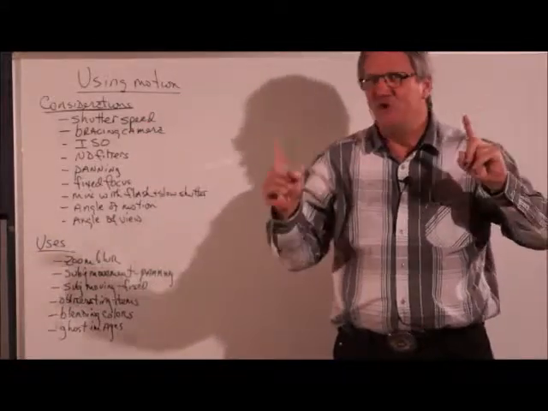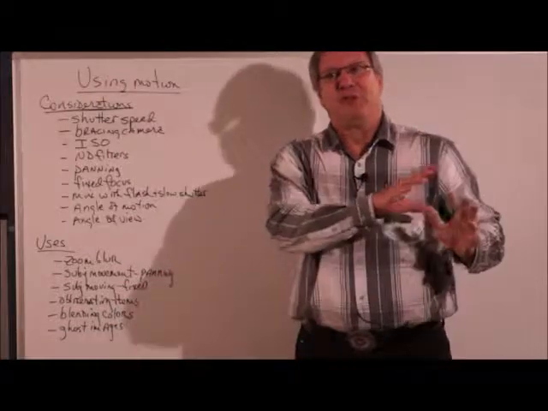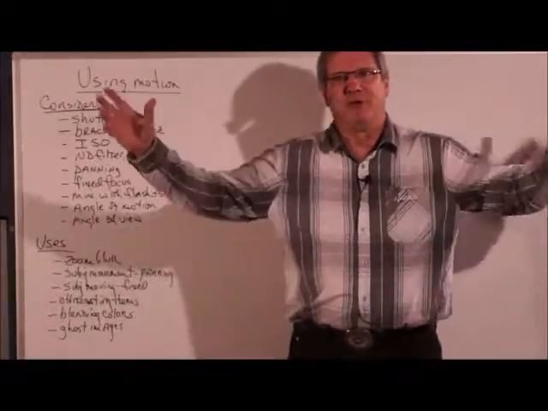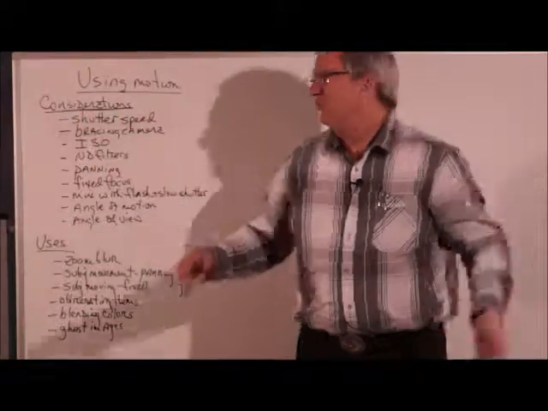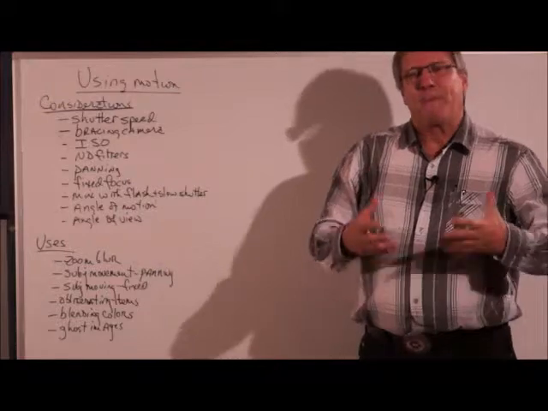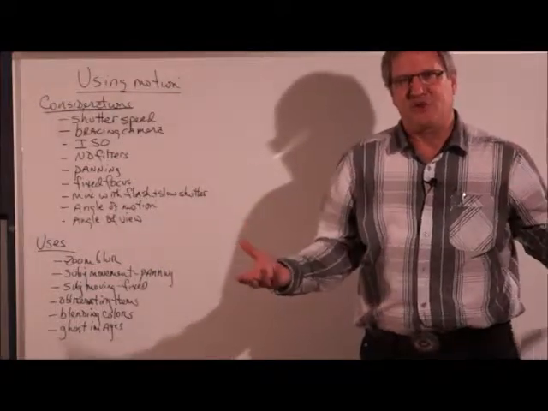Okay, so that's using motion. We can use motion to make things go away because they pass through the scene so quickly over the longer exposure that you don't even see them.